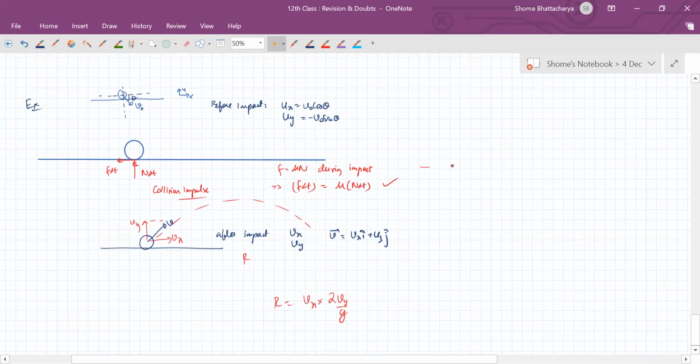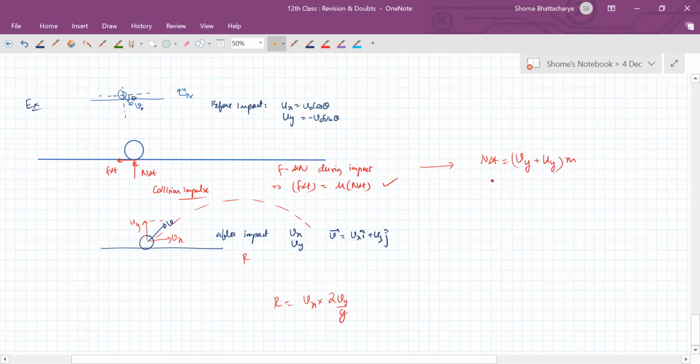Now if we apply the impulse-momentum picture, n delta t is equal to (vy plus uy) into m.